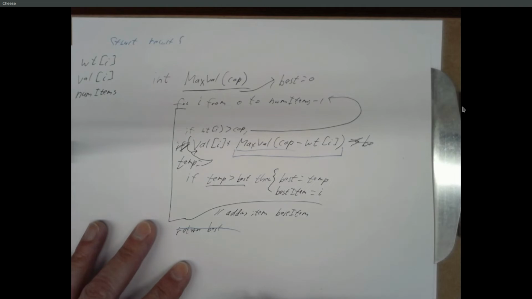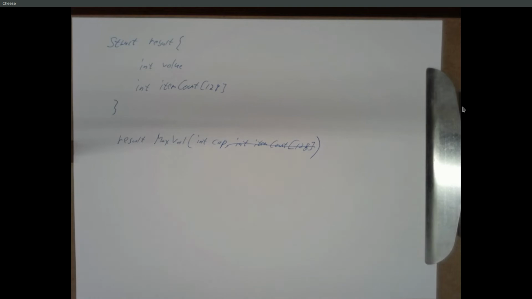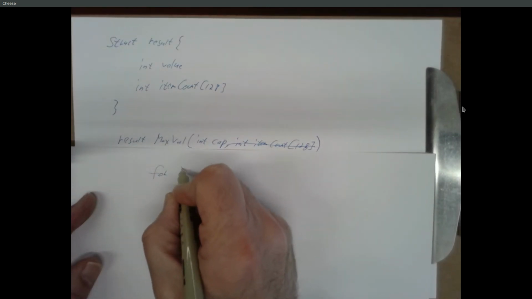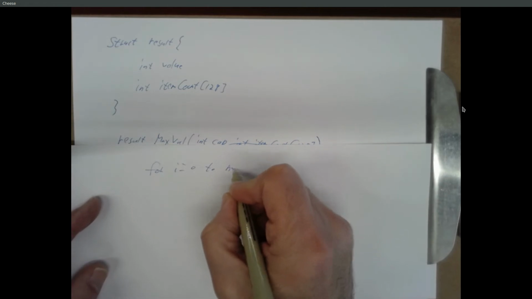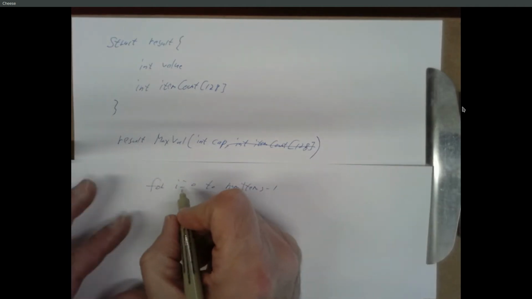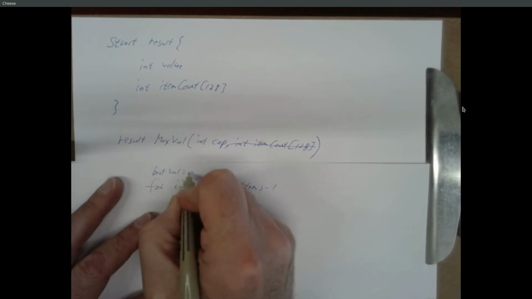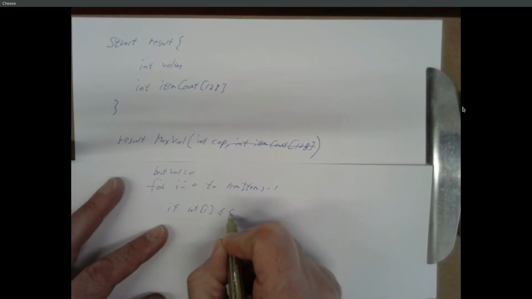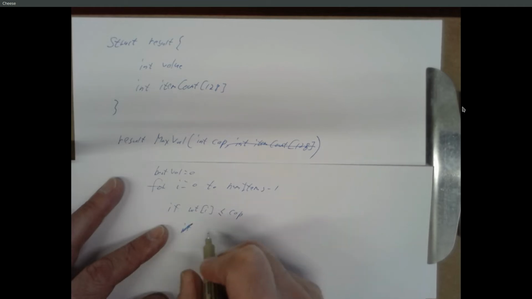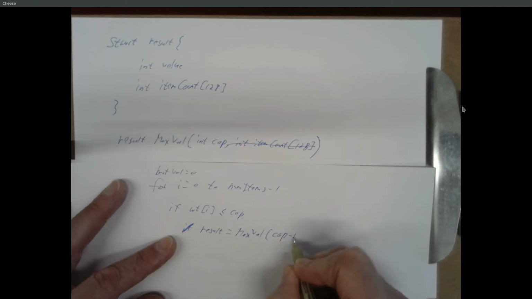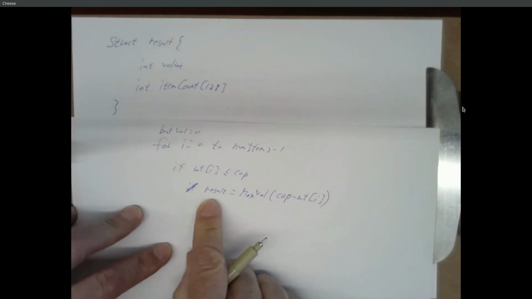So for each of your items, call max val, save your result.